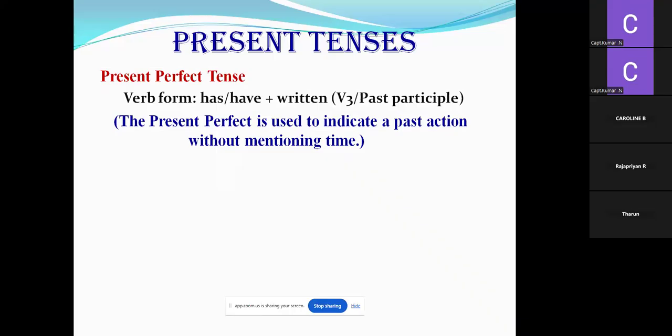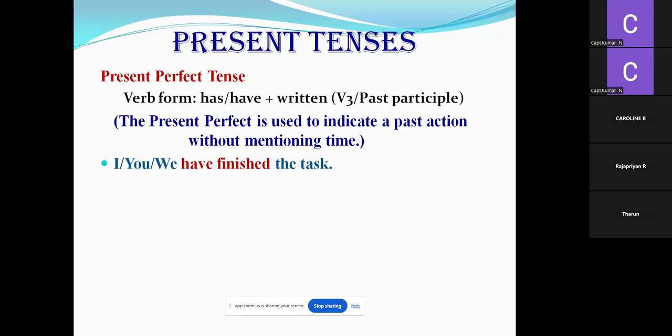Perfect means something complete. So that's why present perfect is used to talk about an action that is completed. But the difference is we don't mention the time when it happened. It might have happened just now. It might have happened yesterday or 10 days before or 10 years before, any time in the past.